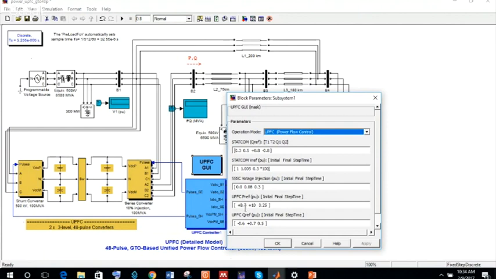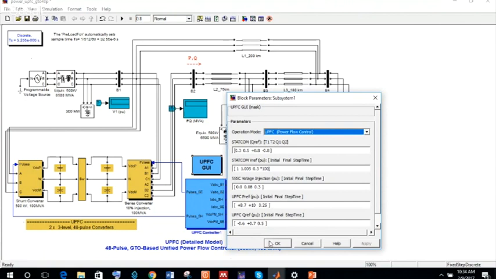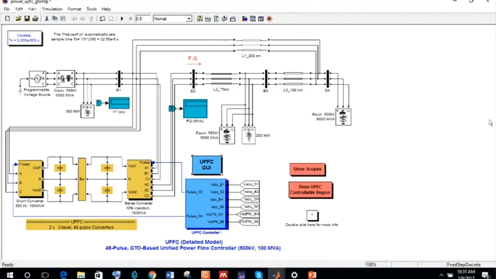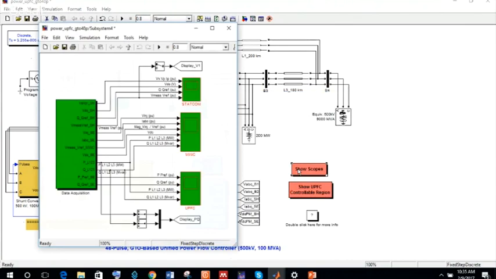So it is 8.7, and then it will rise to 10 PU, per unit, at 0.25 time step. That means at 0.25 time step, from 8.7 to 10, the reference will be changed. And for reactive power, it will be from minus 0.6 to 0.7 in a time step of 0.7. So with this, then we can see the scopes.